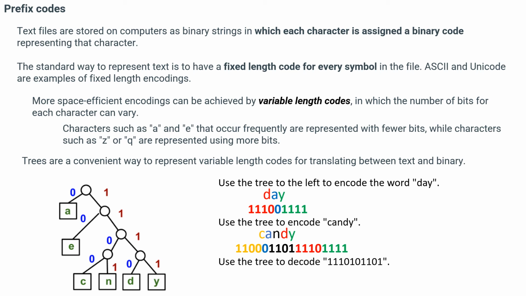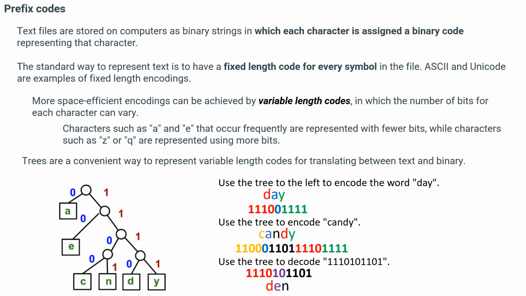So I see a 1, 1, 1, and so I could go on this tree 1, 1, 1. I'm not to a letter yet. So I keep going 1, 1, 1, 0. If I go 1, 1, 1, 0, I see that I've arrived at a letter. So I would know that those first 4 represent the letter D. Then I go on, I have a 1 and a 0.